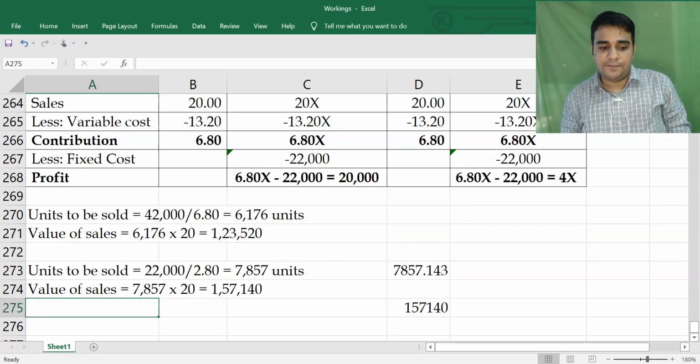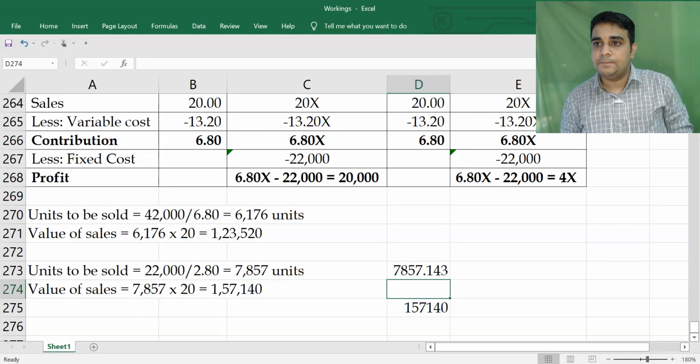Value of sales is 7857 into 20, 157,140. Clear? Any doubts on this?